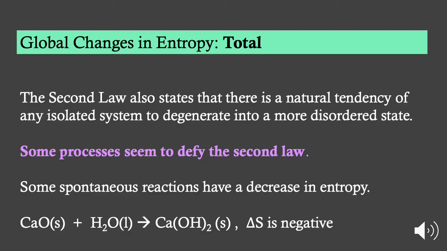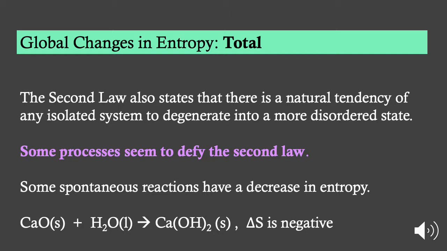The second law of thermodynamics suggests that there is a natural tendency of reactions to have an increase in entropy. The phrase natural tendency implies that spontaneous processes always have an increase in entropy, but this is not true. There are some reactions that are spontaneous even when they have a decrease in entropy.